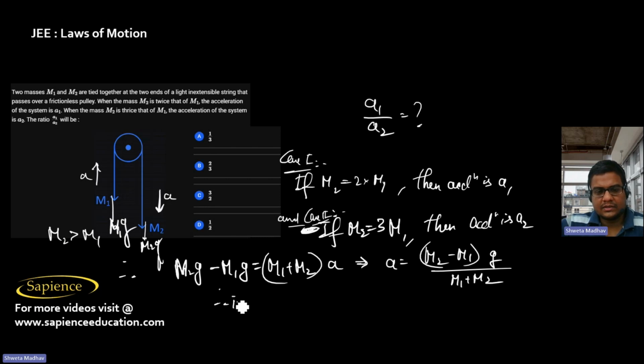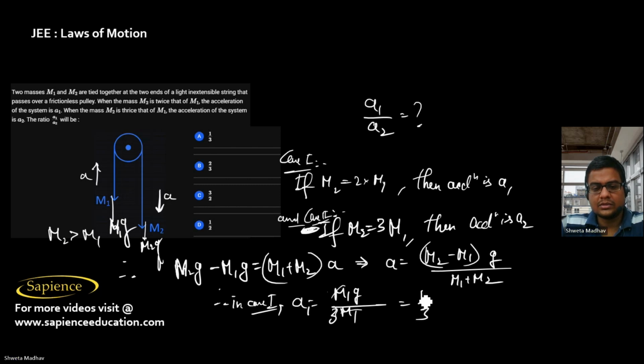In case 1, when m2 is twice m1, the acceleration a1 equals (2m1 minus m1) g by (m1 plus 2m1), that is m1 g by 3m1, which equals g by 3 meters per second squared.